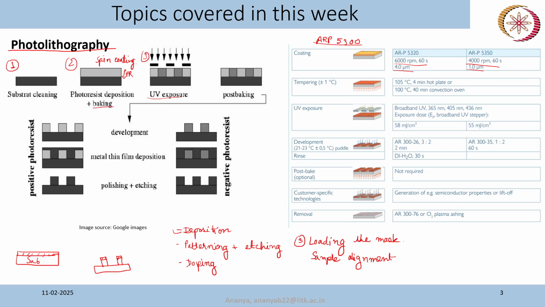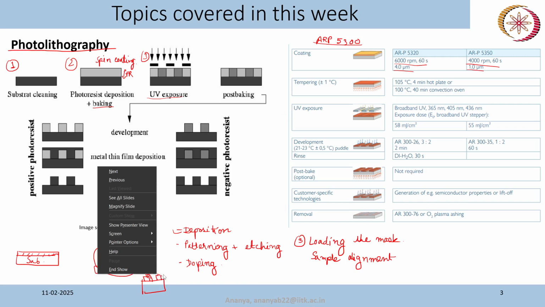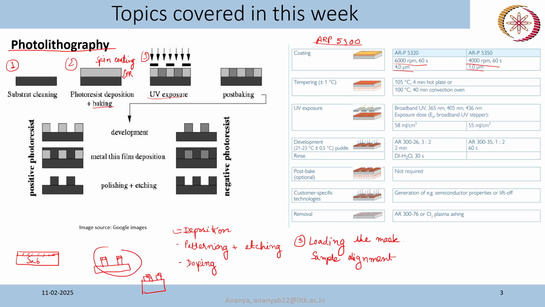In this case alignment is required so that your mask falls here. If you don't do your alignment properly, instead of getting this kind of design you will get something different, with metal misplaced. Basically you will not get your desired features if you don't align your sample.